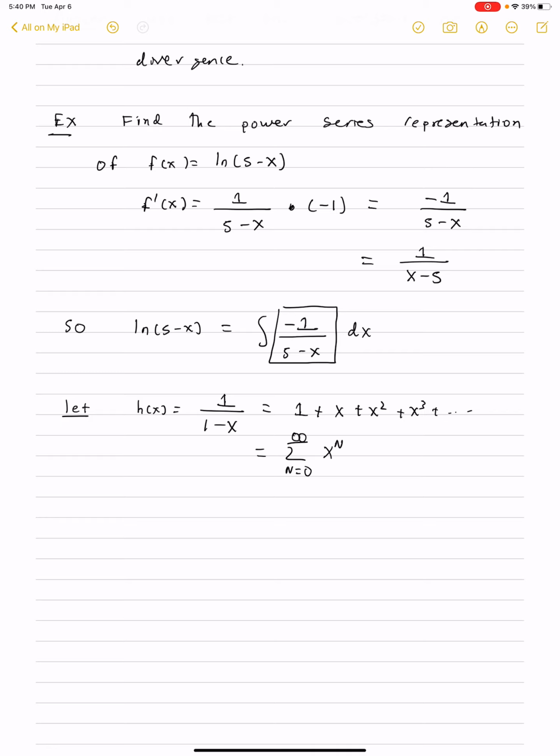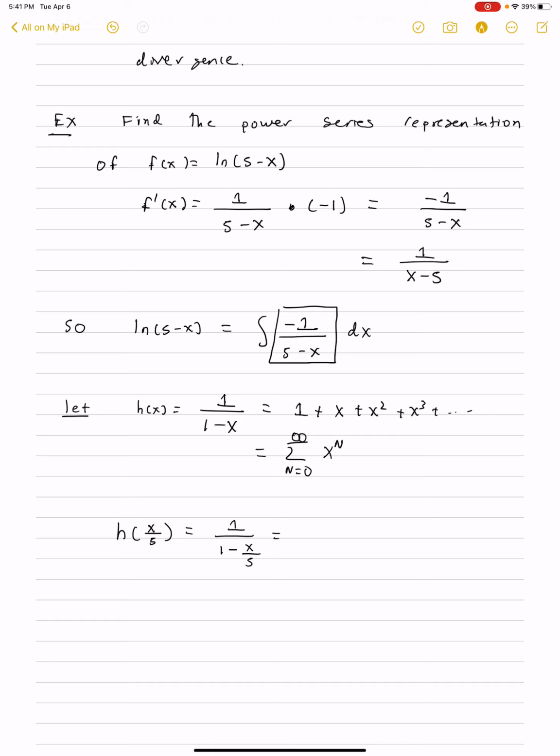What I'm going to do now is compute h of x over 5. This is going to be 1 over 1 minus x over 5.